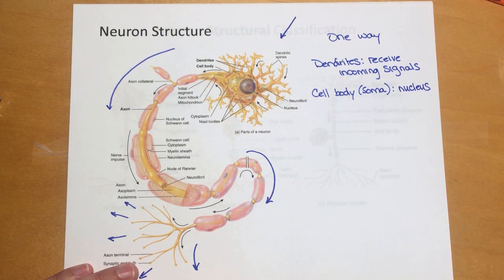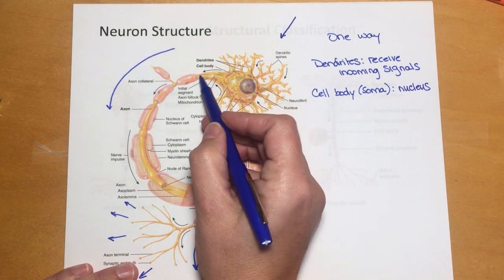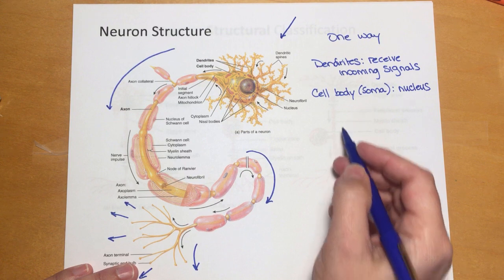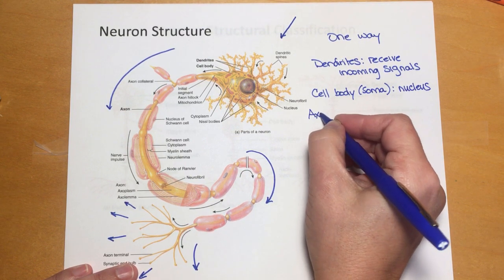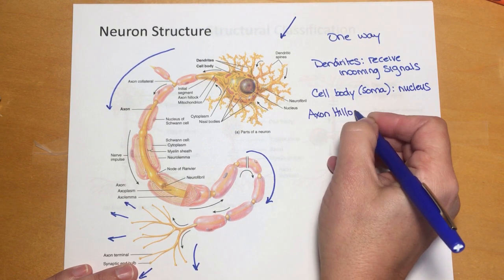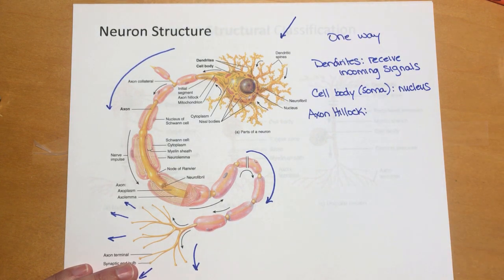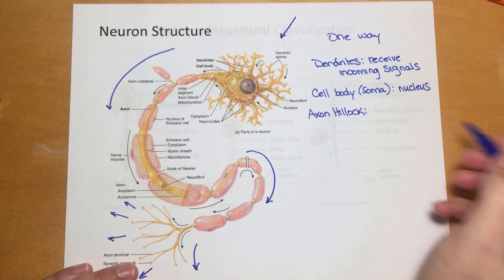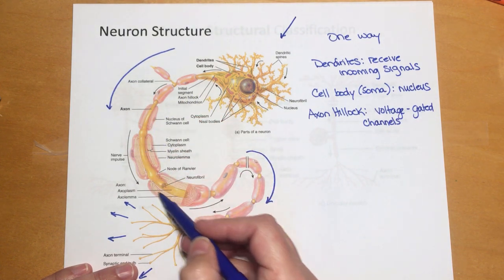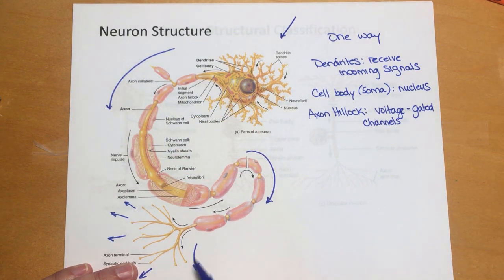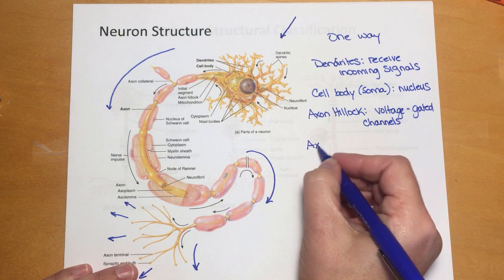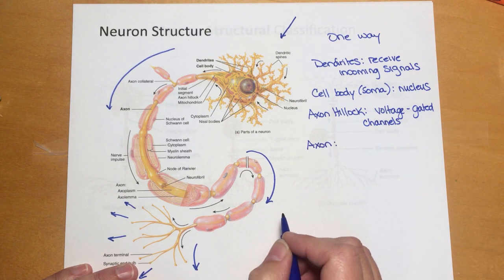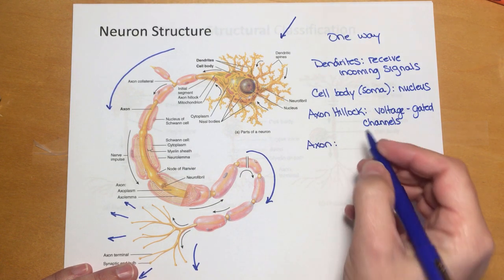It contains the nucleus. Now, just before the beginning of the axon, we have an area called the axon hillock. This is an area that's really important when we're generating an action potential. This is where a lot of the voltage-gated channels are. The long, thin projection coming off here is called the axon, and this is the area that's going to propagate the action potential.